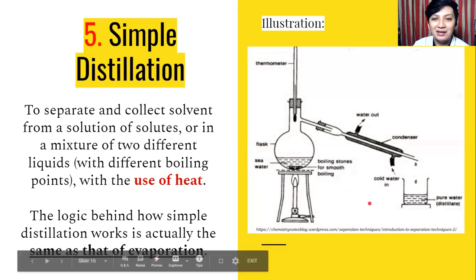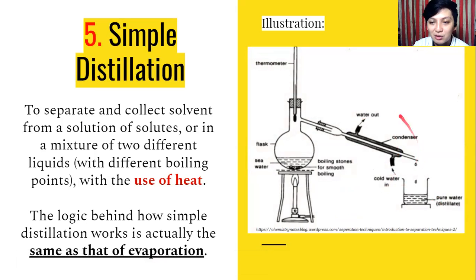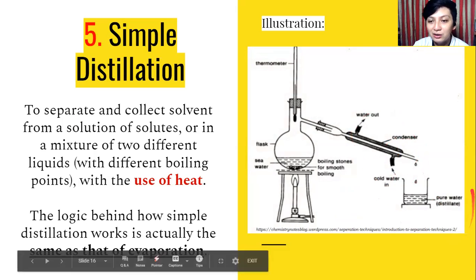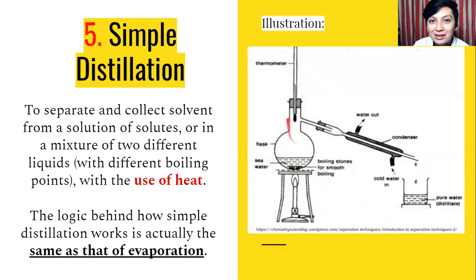Meaning to say, this part is we are going to use a condenser for us to get the distilled water. Okay, with the process of heating again, the process of evaporation and condensation together, that is distillation.